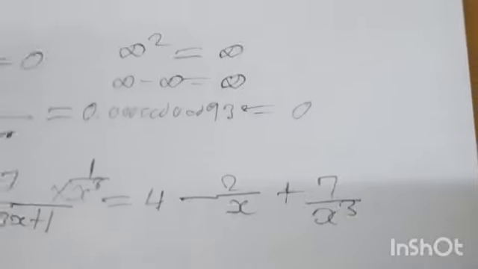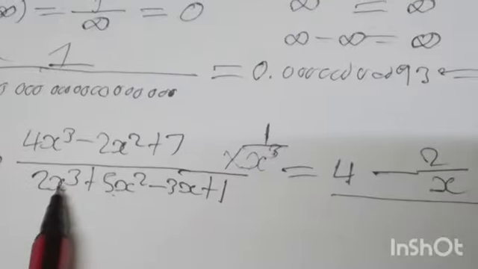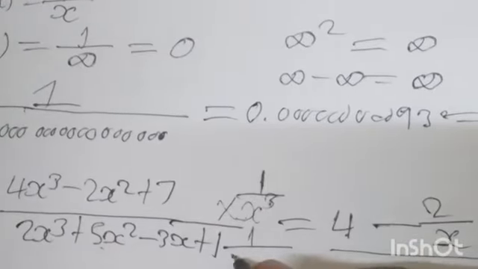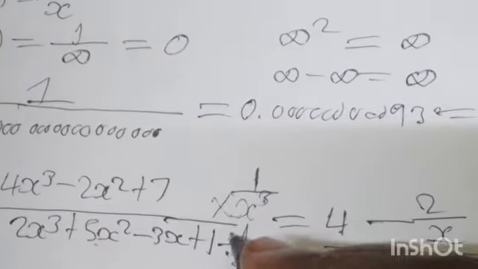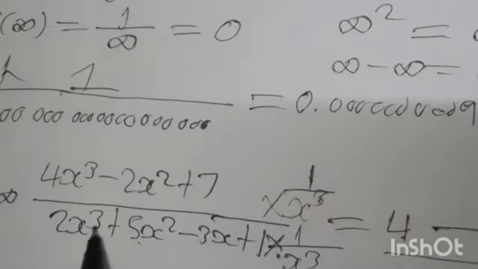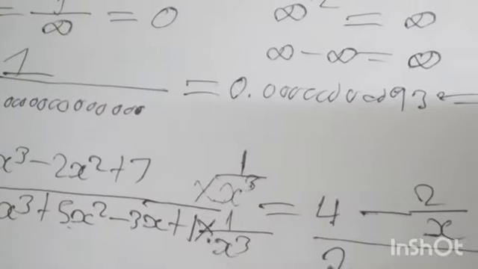Now let's go back to the denominator. The highest power it has is also x to the power 3, so let's do the same thing: multiply by 1 over x to the power 3. 2x to the power 3 times 1 over x to the power 3 gives only 2.